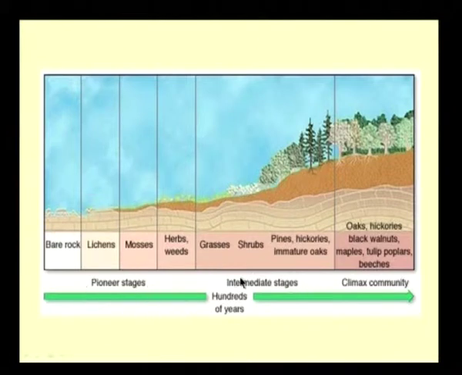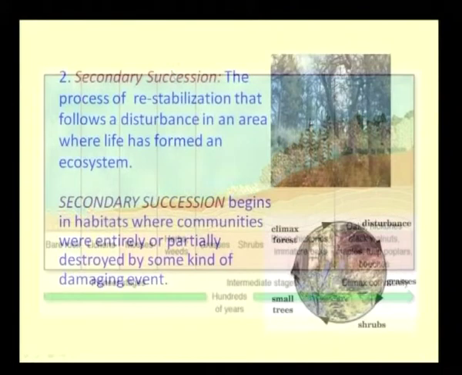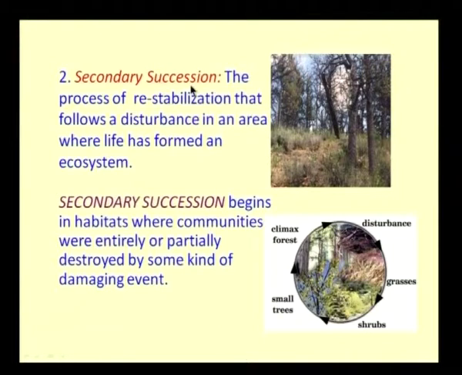Next, the intermediate stages, you find the grasses, the shrubs, the pines and immature oaks. So, this becomes your intermediate stages. Hundreds of years later, finally you end up in this climax community, which is shown in this picture. So, this is a typical primary succession. Now, what is secondary succession?